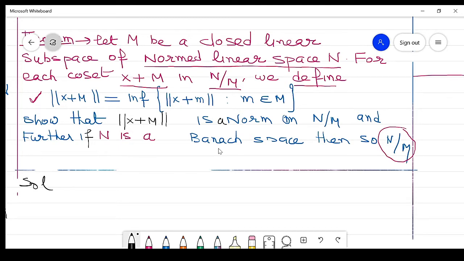That means if N is complete, then N by M is also complete.